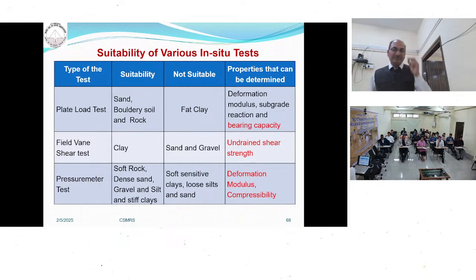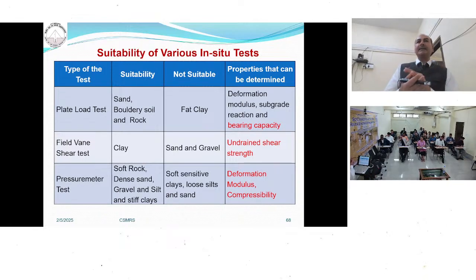Third is the field vane shear test. It is very suitable for clay soil. It is not suitable for sandy and gravelly strata. And the last one is the pressure meter test. We conduct the pressure meter test where we are unable to conduct any other kind of test. Suppose you have sand with gravels.